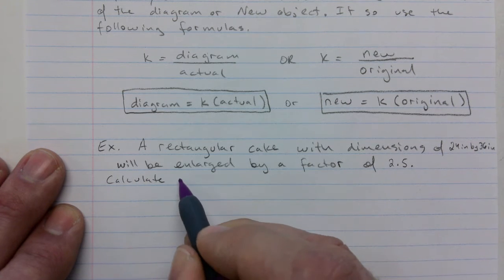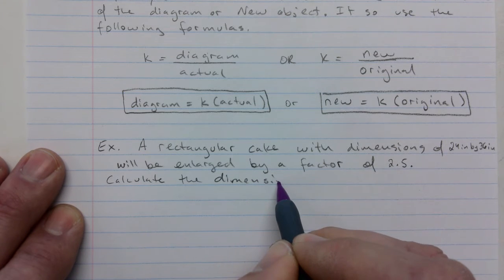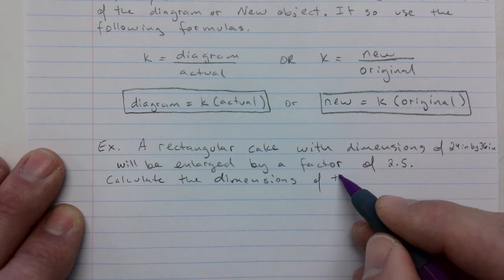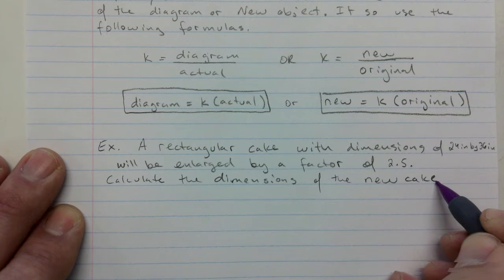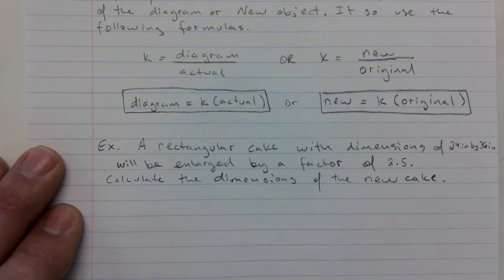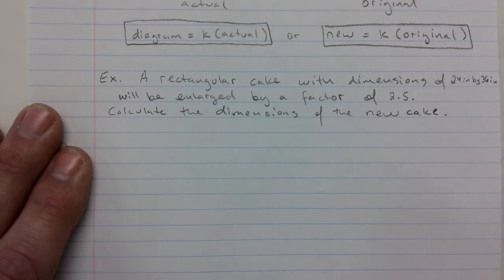Calculate the dimensions of the new cake. So they'll make a copy of it, a bigger version of it. And so how would you come up with the dimensions of that new cake?